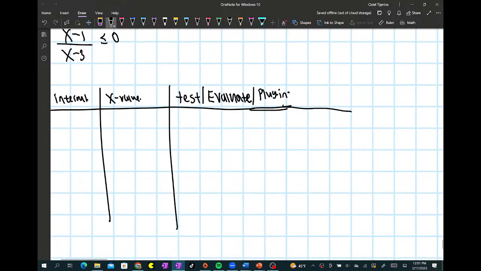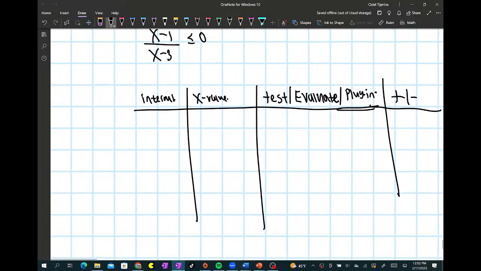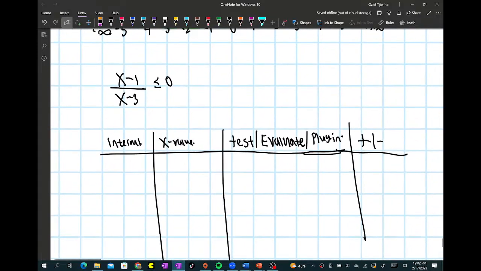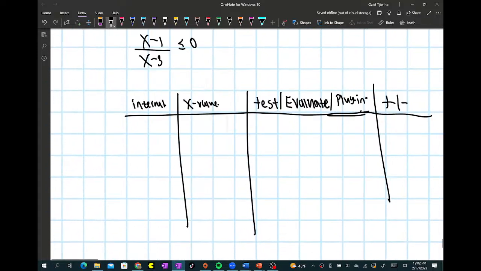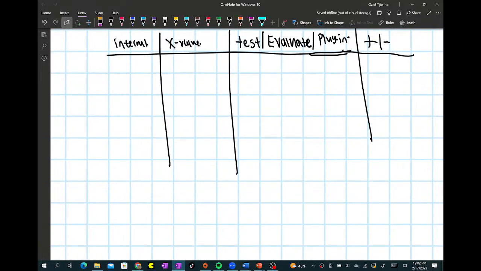And then I like to put the fourth column as positive or negative, right? And obviously at the very end, if it's less than or equal to 0, that tells you that it's going to be negative, or it's going to be equal to 0. I like to do positive or negative here.